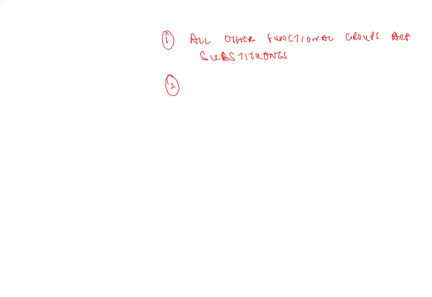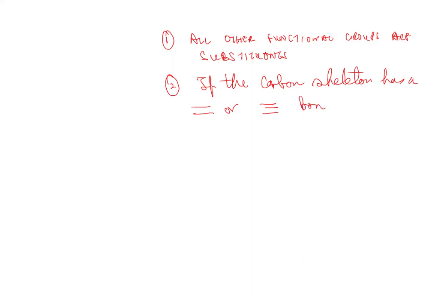But if the carbon skeleton, I'll write it so you can see, I know my handwriting is not good, but I'm talking as well because these are unedited videos. So if the carbon skeleton has a double or triple bond, okay, alkene, these are considered substituted groups.